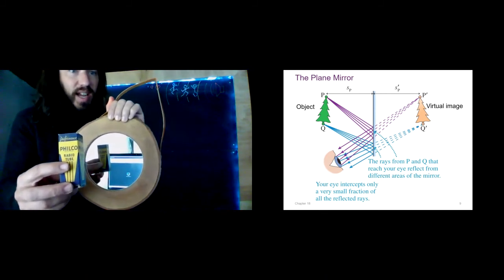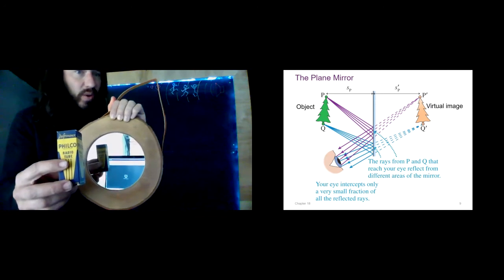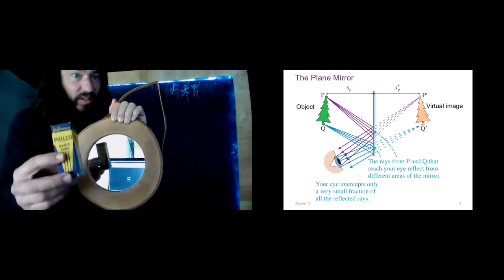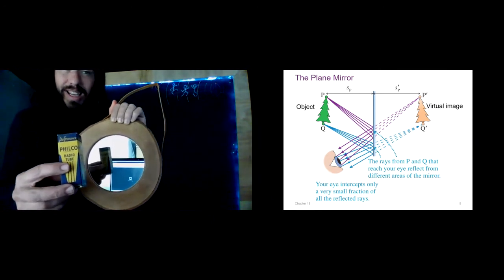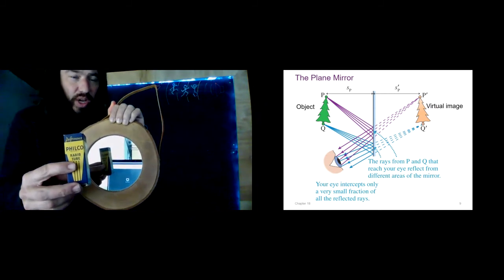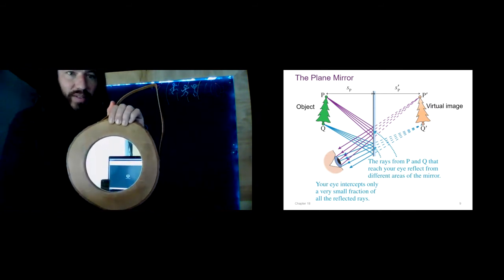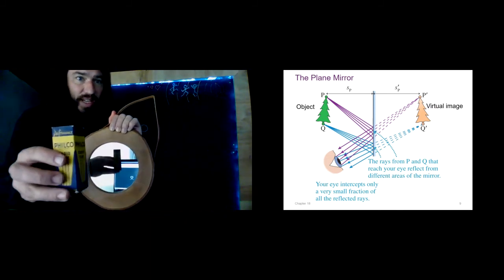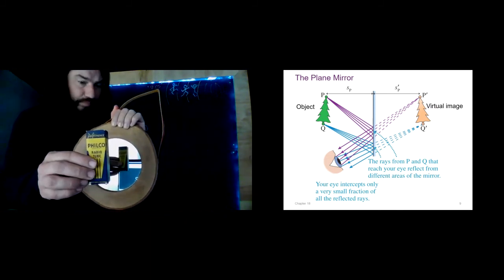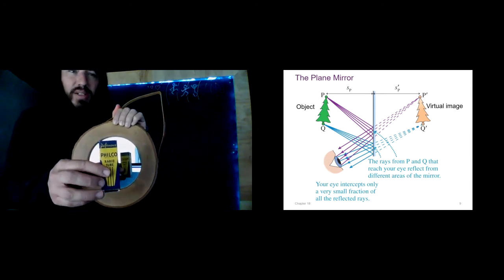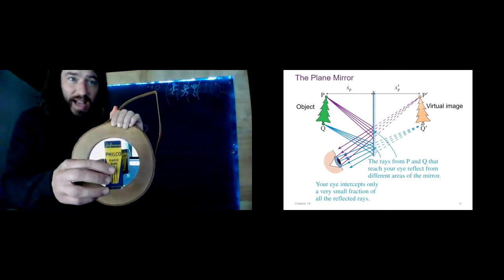So it looks like there is a box somewhere around the location of my chest. There's only one box. That other one is what we call an image of the box. And we call that a virtual image because there is no light being emitted from this point right over here where it kind of looks like that box is, back behind the mirror. But there's no light being emitted from there. Your brain is fooled into thinking that that is happening.